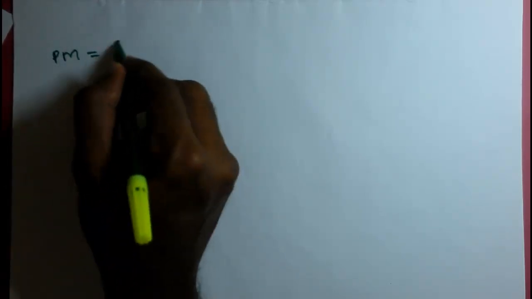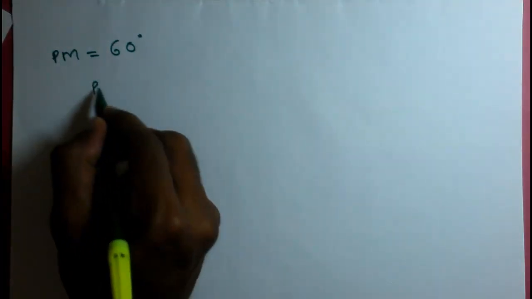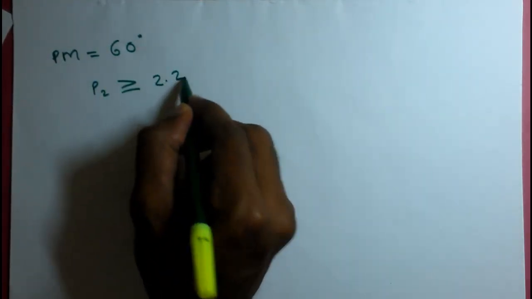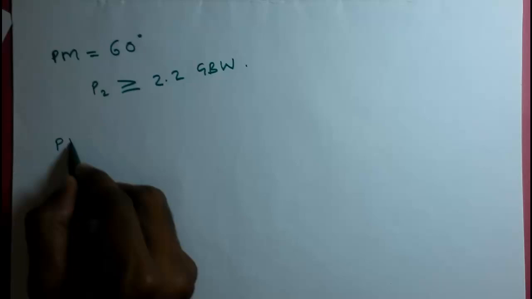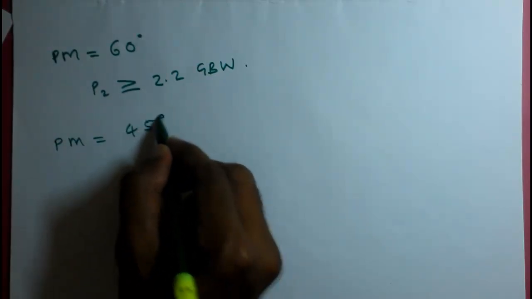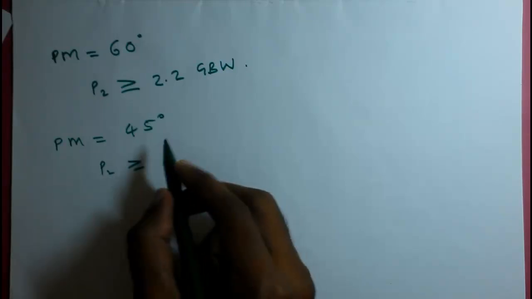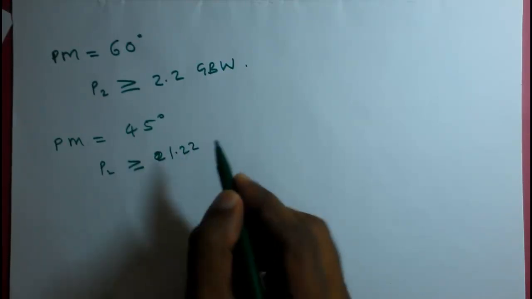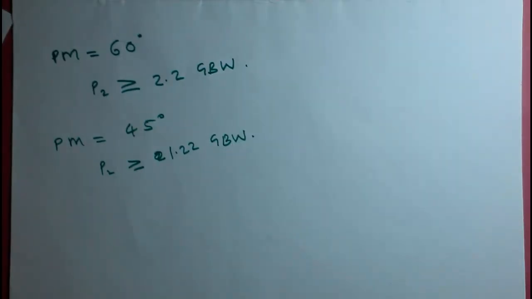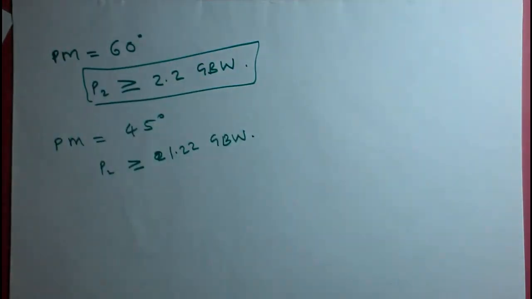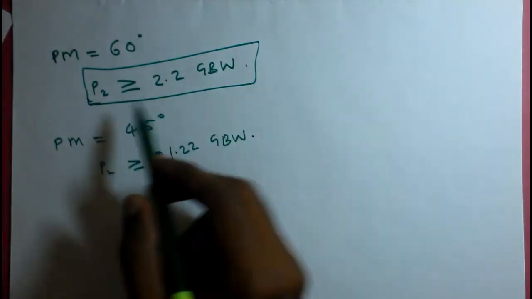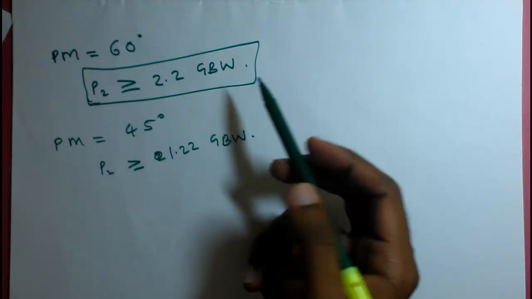So if we need a phase margin of 60 degree, we should ensure that P2 is greater than or equal to 2.2 times of gain bandwidth. And if we need a phase margin of just 45 degree, we have to ensure the second pole is higher than 1.22 times of gain bandwidth. But in our design, we are sticking with the 60 degree phase margin. So to ensure that, our pole should be 2.2 times of gain bandwidth.